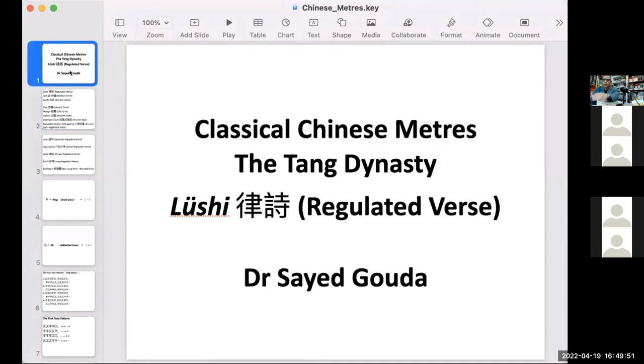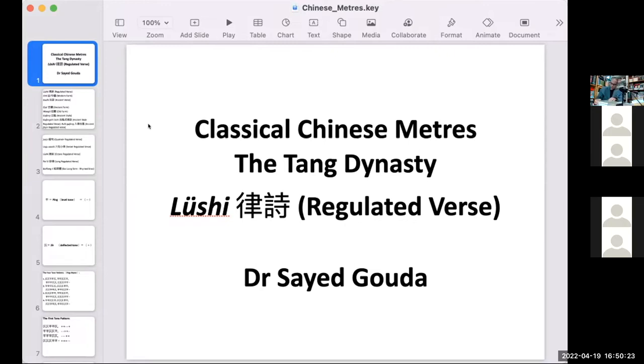Today, as you can see from the title, we're going to talk about classical Chinese meters in the Tang Dynasty, because classical Chinese meter is really so rich. For a person who is not Chinese like me, before I studied classical Chinese meter, I thought that it's just these 4 characters per line, or 5 or 7, and that's all.